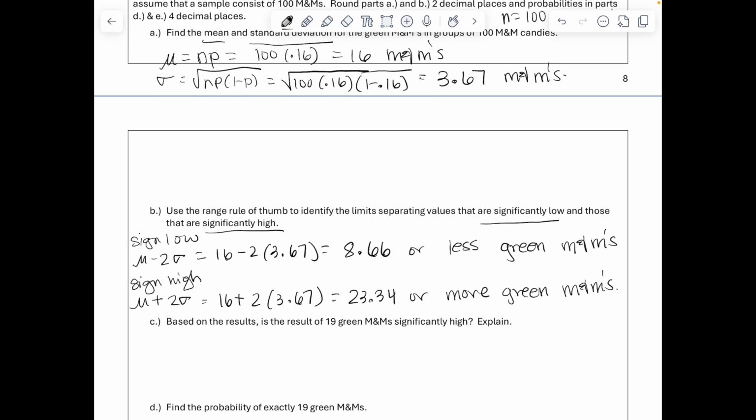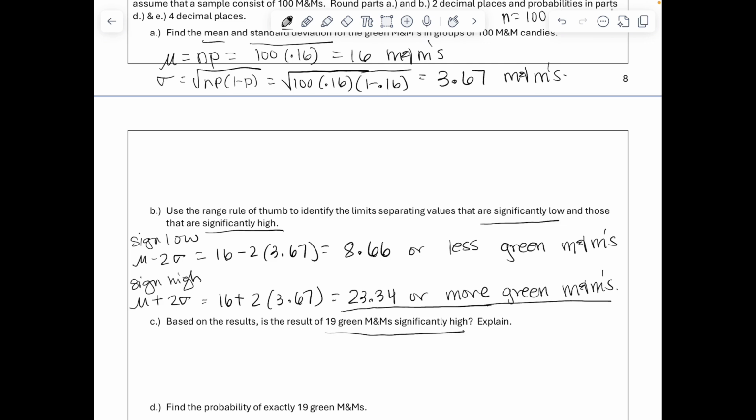Part C says based on the results above, is the result 19 green M&Ms significantly high? So if you look at what significantly high is, that means 23.34 or more green M&Ms. And so is 19 significantly high?